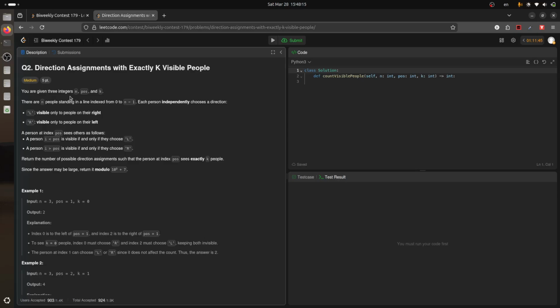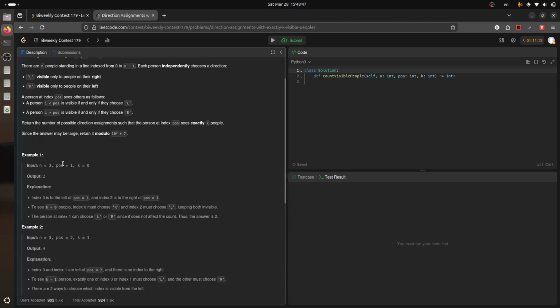L is visible only to people on their right, R is visible only to people on their left. A person at index pos sees others as follows: a person is visible if they choose L, and is visible if they choose R. Count the number of possible direction assignments such that the person at index pos sees exactly k people.